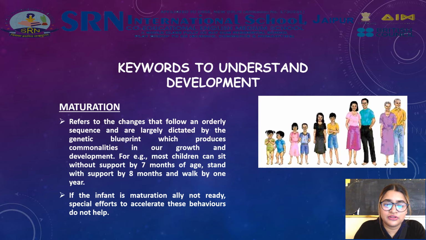Alright, so one after the other. So now you can understand with these examples that in 7 months the child is able to sit with support, and in 8 months the child can start. So 7, then comes 8. So you can see how the change is occurring in a sequence. I hope that you have understood this.